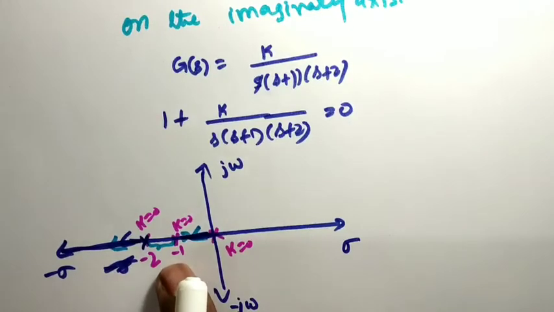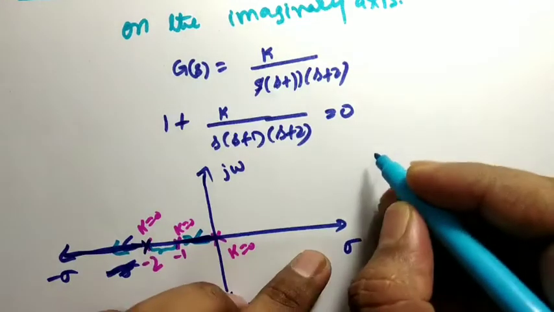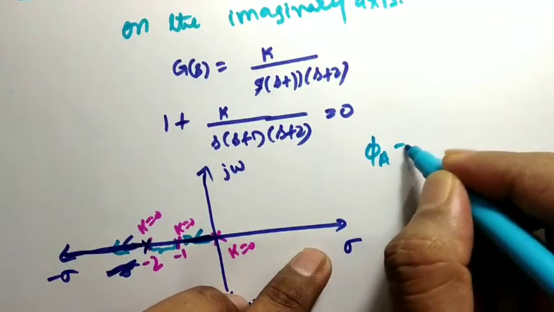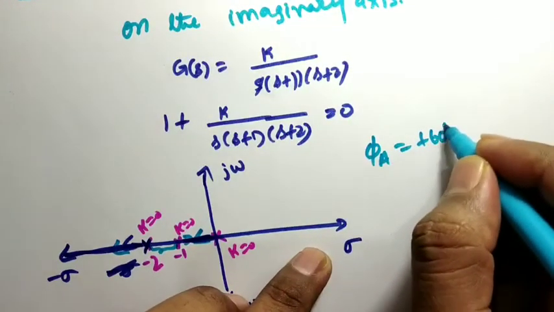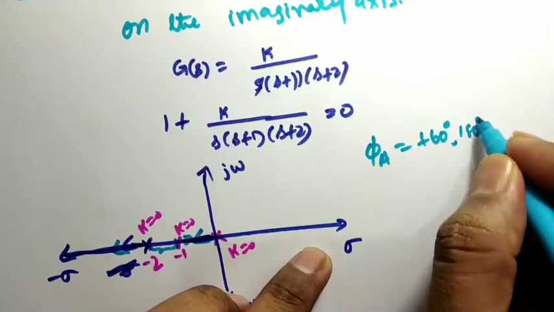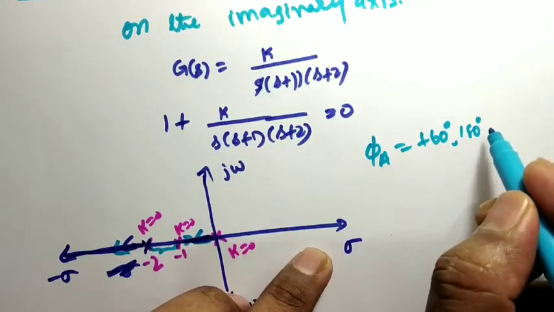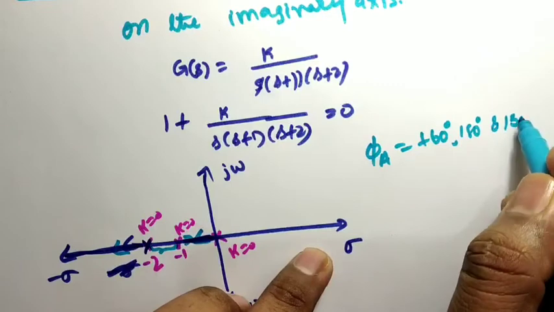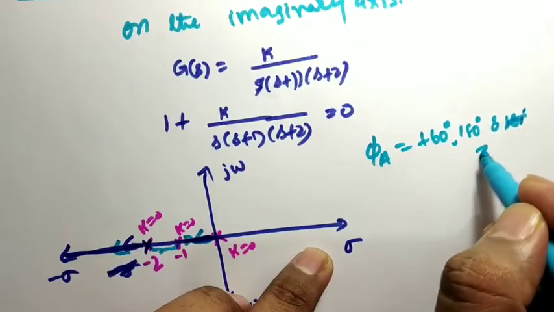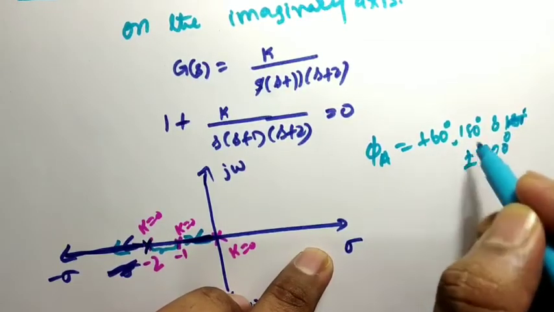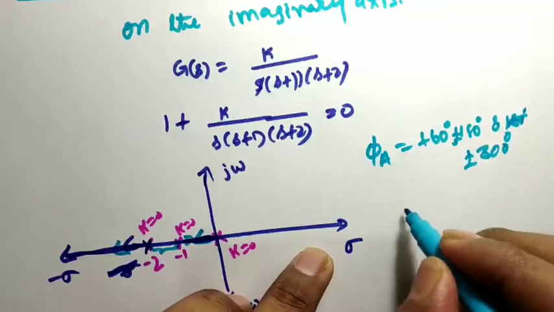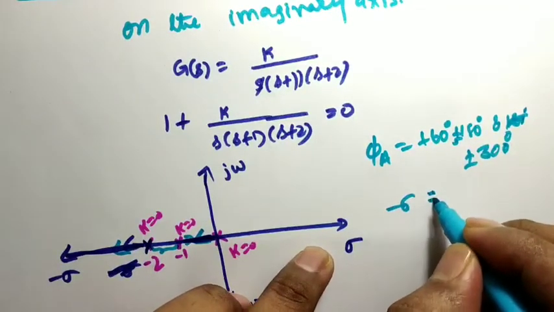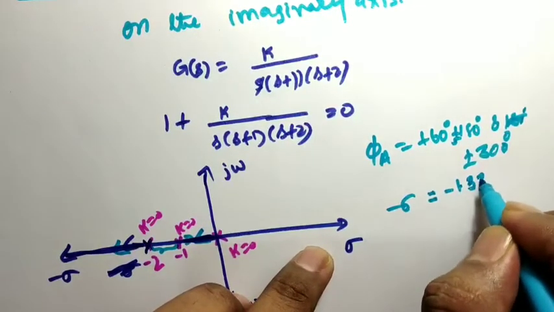So what are the asymptotes for this? You know the asymptotes are 60 degrees, 180 degrees and 360 degrees. Sorry, this is 300 degrees. So what is the centroid? The centroid is equal to minus 1.33.